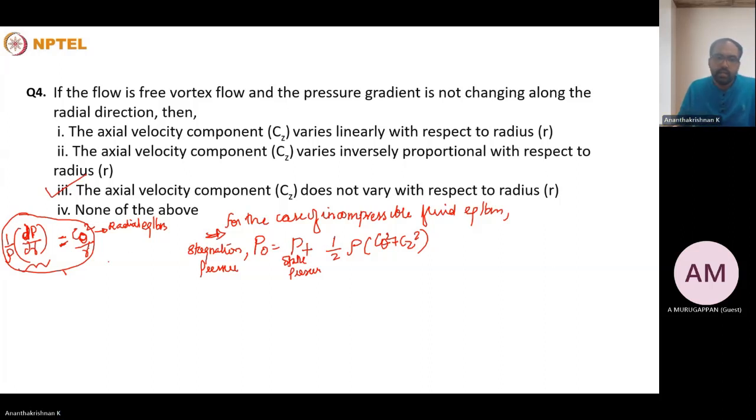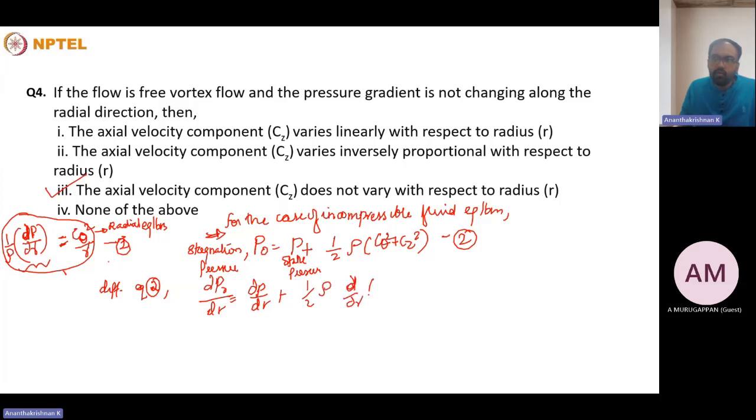We denote this by equation 1, and this by equation 2. Differentiating equation 2, we get dou p0 by dou r is equal to dou p by dou r plus half rho into dou by dou r of c theta squared plus cz squared.